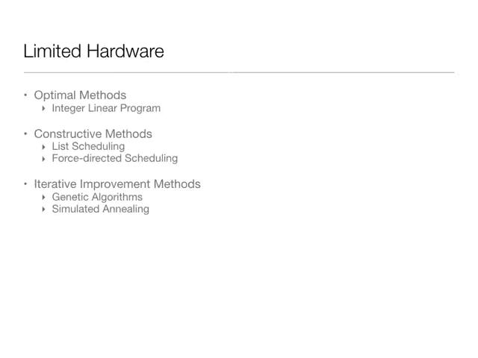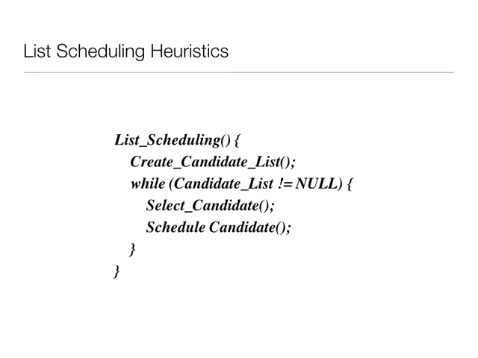You improve it using some optimization strategy, gradient descent or something like that, until you hit a low-cost solution. So again: optimal methods, where you basically shove the problem into a general-purpose solver, constructive methods, and iterative improvement methods. Let's look at some examples.